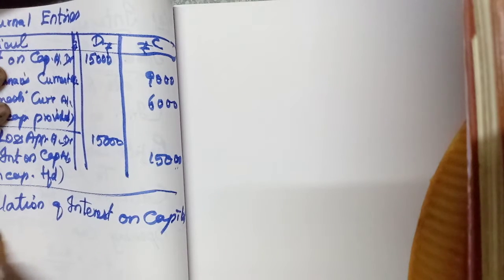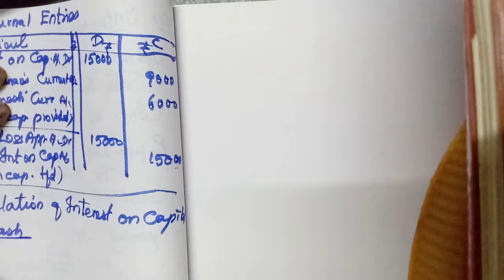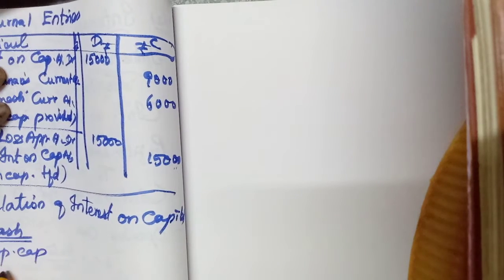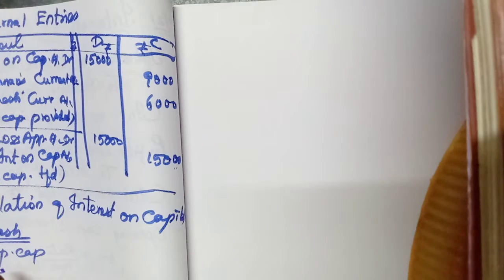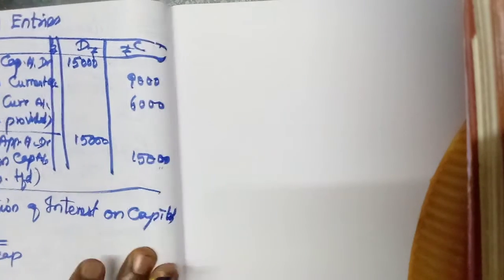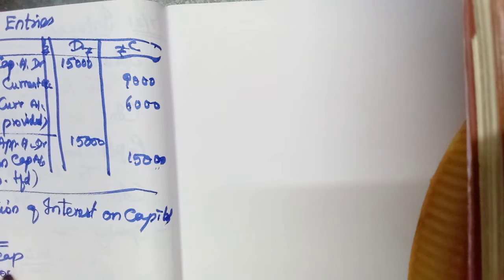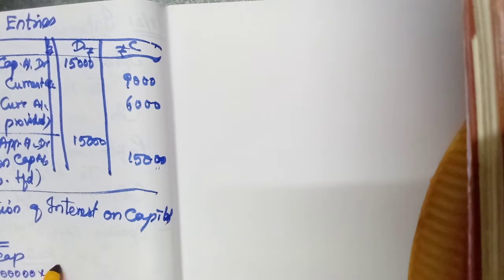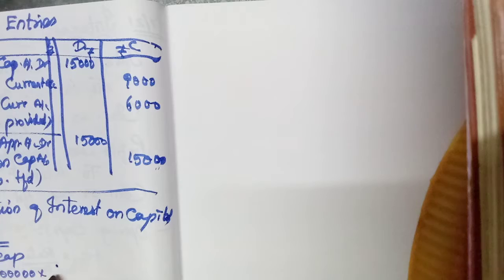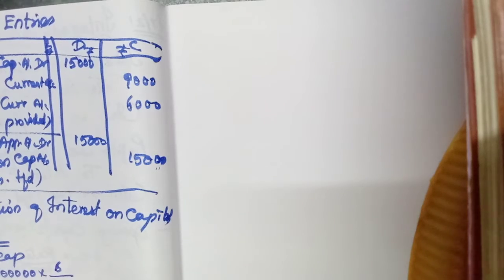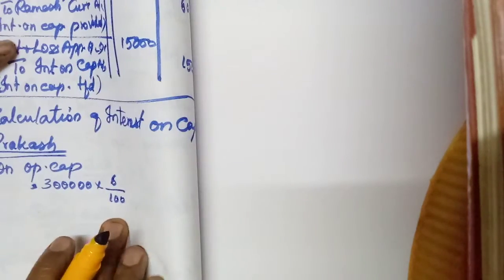Prakash. On opening capital. What is the opening capital of Prakash? 3 lakh into rate of interest 6% per annum. 20, here 20 we have to cut. So 3 6s are 18, then 3 zeros, 18,000.